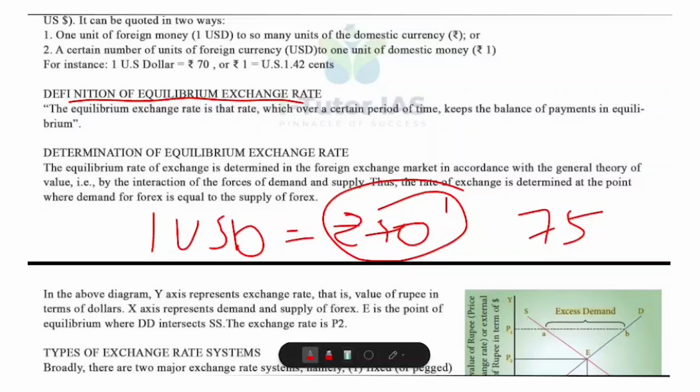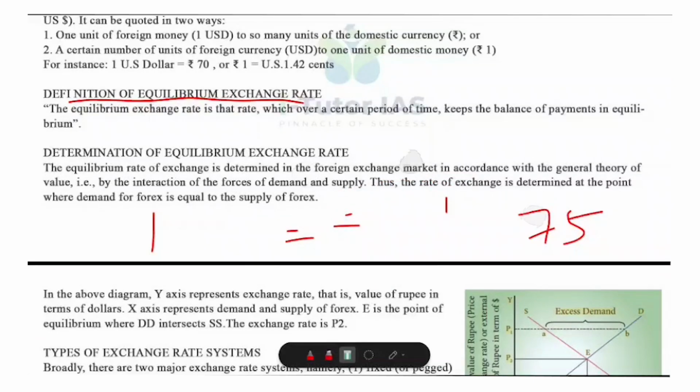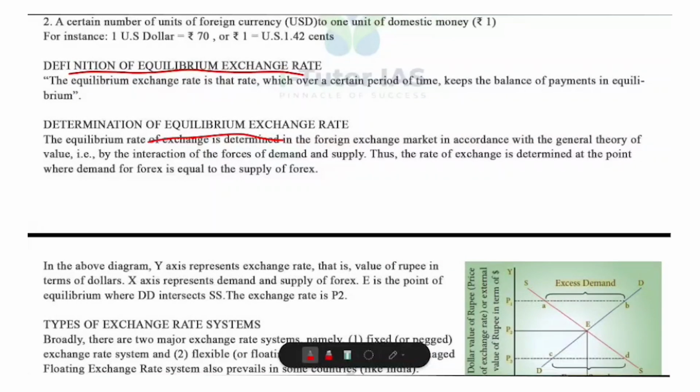Now, determinants of the equilibrium exchange rate. What are they? The equilibrium exchange rate is determined in the forex market. What is meant by forex? Foreign exchange. It is determined just like any price in economics, through demand and supply.